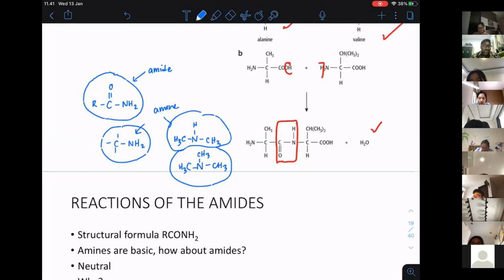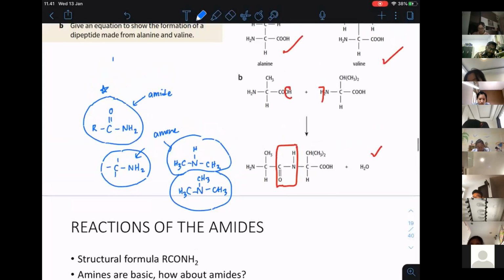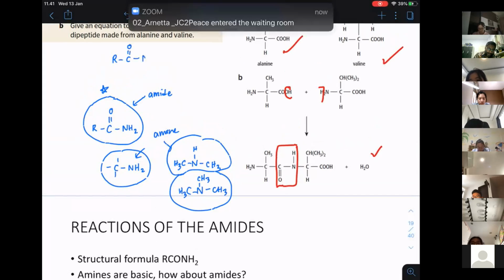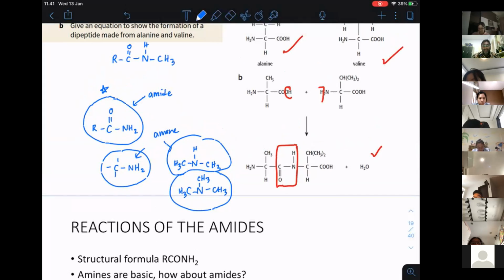So now what we are going to look at is the reactions of amide. Do remember amide can also be substituted amide. For example, if I have RC double bond O, I have nitrogen, and one of the H is replaced by CH3, this is also known as amide.